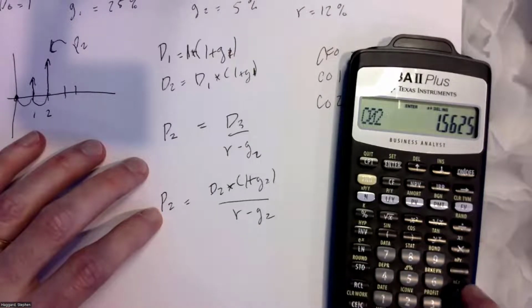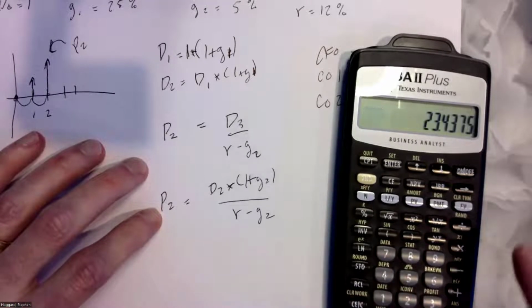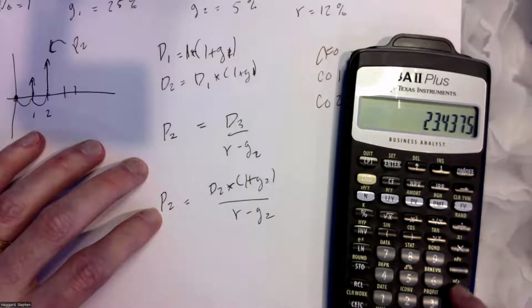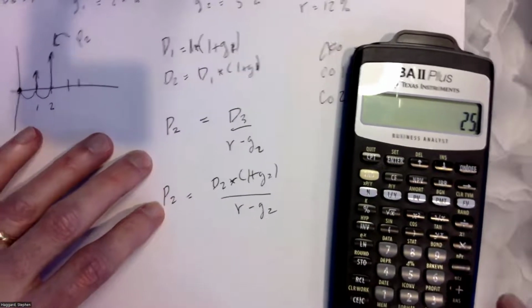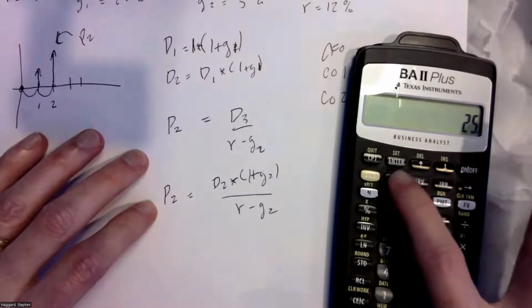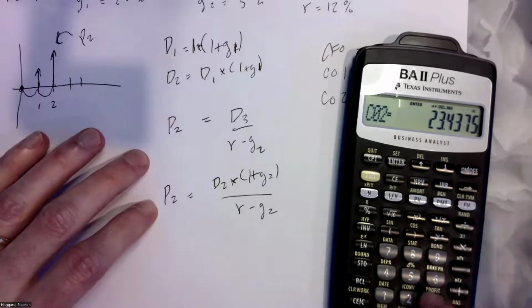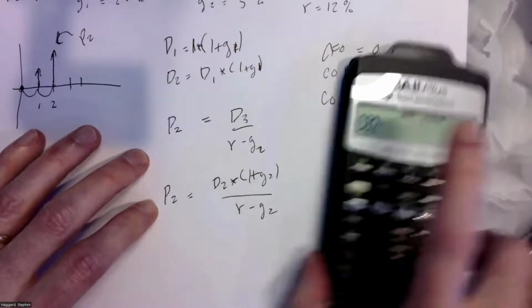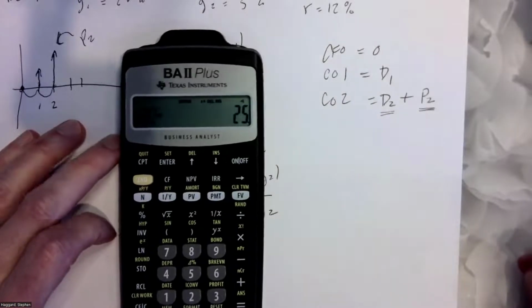And then we're going to plus 23 point, there it is, 1.5625. So that's 25. So I'm going to put in 25 here. So that just represents D2 plus P2.